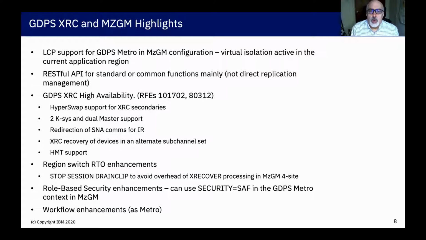So we do support LCP for GDPS Metro in MZGM configurations. This is virtual isolation Metro Mirror 2 site in effect. But it works with no side effects to your MZGM aspects.